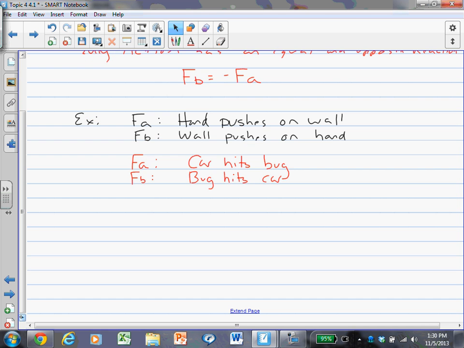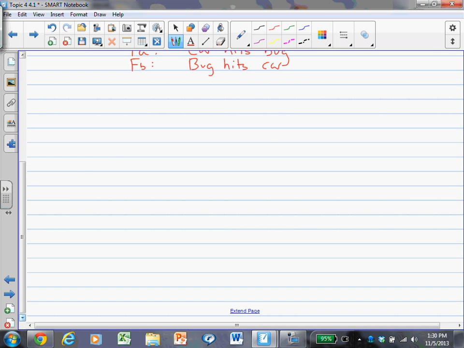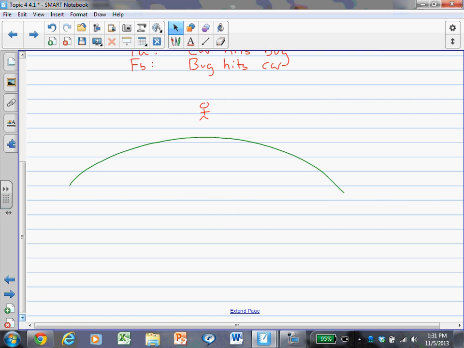We could also think of this in terms of the surface of Earth and a person. The person is being pulled down by the Earth, and there's a force of Earth on person.